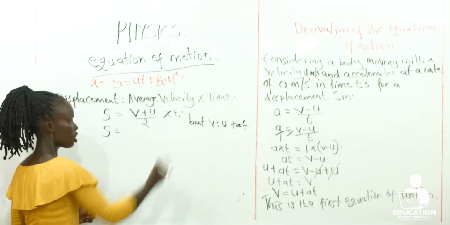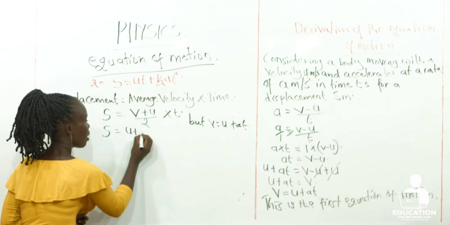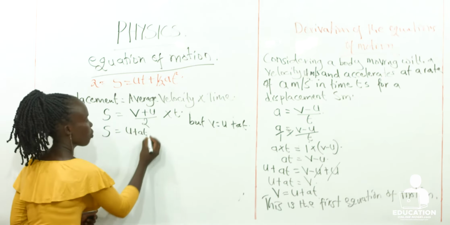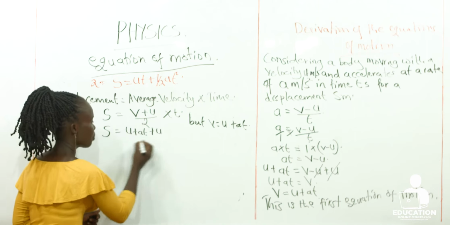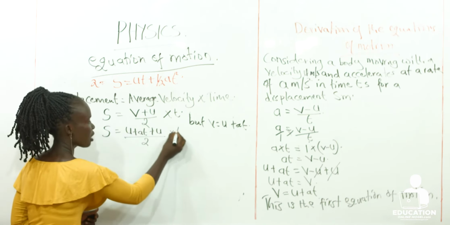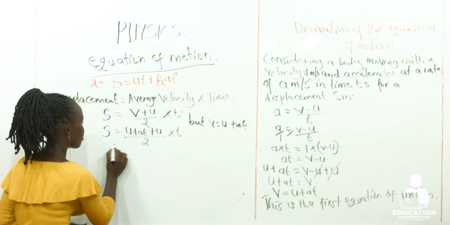So we are substituting it with that value. We shall have here u plus at. Remember, it still has that u there, so we add it plus our u is equals to 2 times our time, which is t. So when you work this one out, what happens?